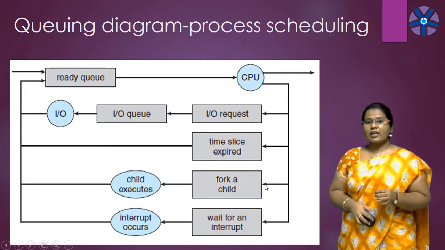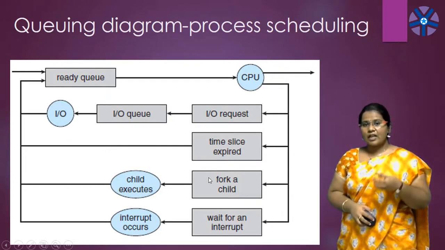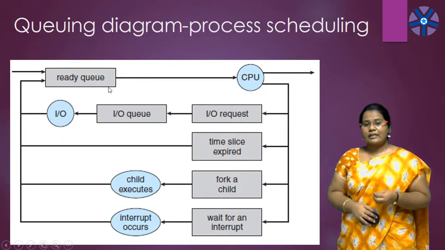When forking a new child process, the parent process has to wait until the child has completed its execution, and after that, the parent process is again moved to the ready queue.